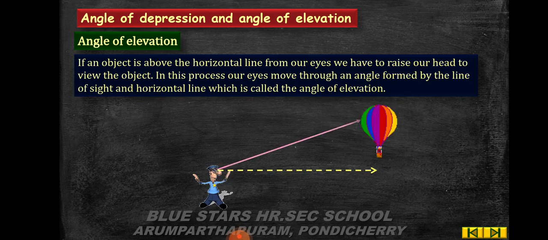From the eye of the person there is one horizontal line and there is another line through the parachute balloon. There is one angle between the horizontal line and the line from the eyesight to the parachute balloon, that is called the angle of elevation, that is theta 1.